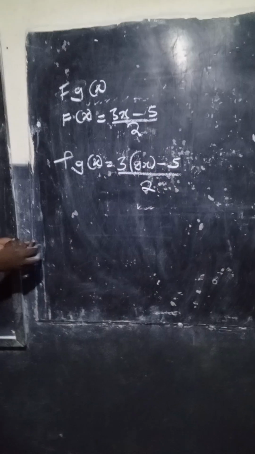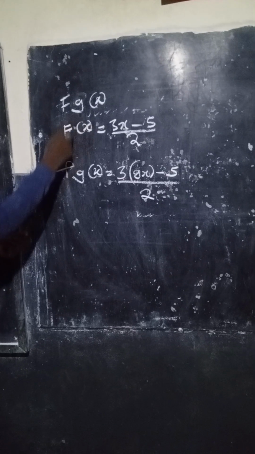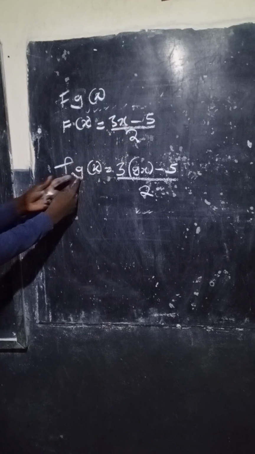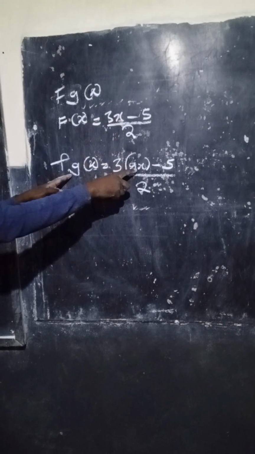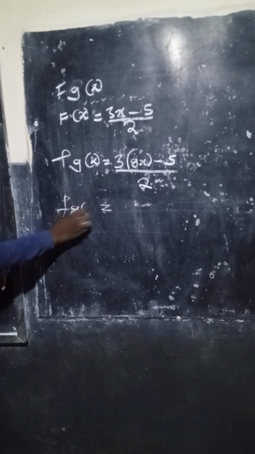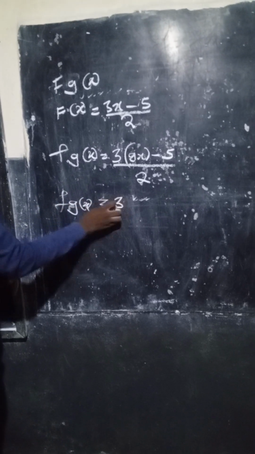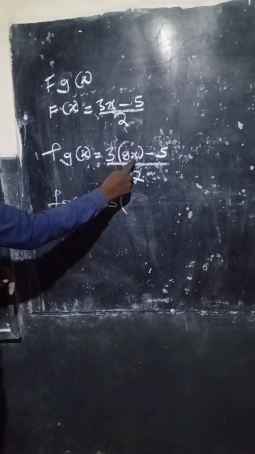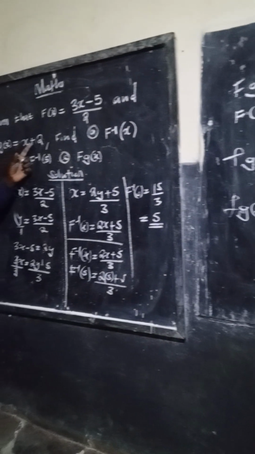You can see what is happening here. f represented the function. g substituted where there is x there. So now from there, I'll write fg of x. I'll write 3. Now, where there is gx there, I'll get the function that represents g, which is x plus 2.